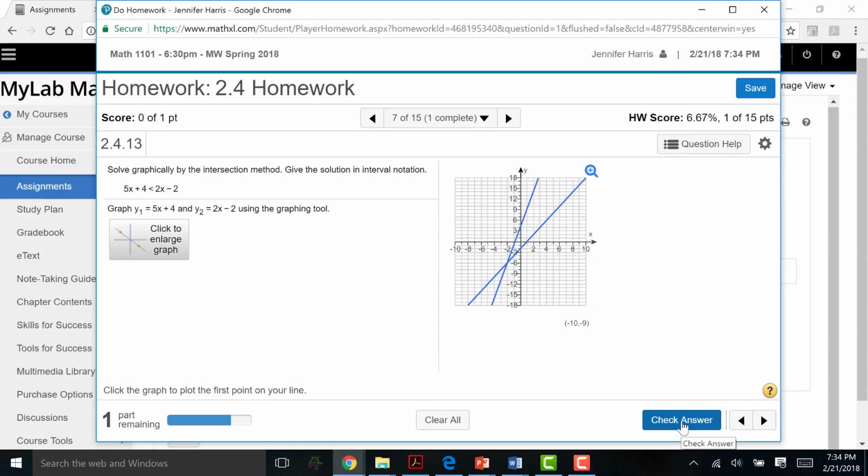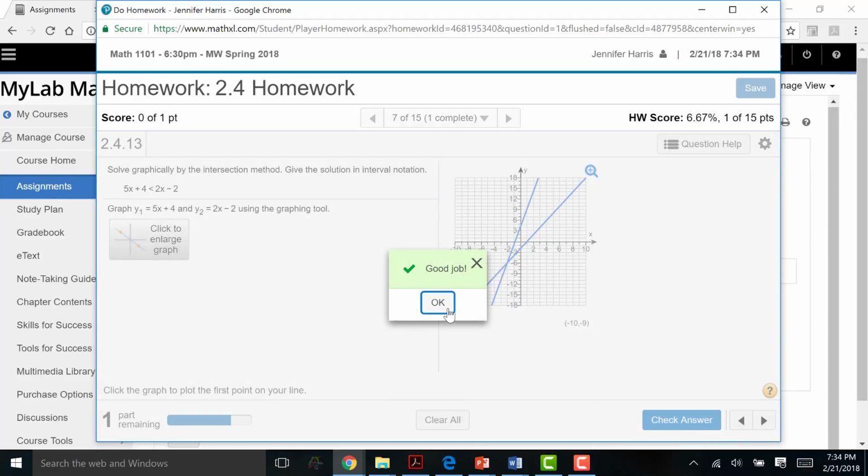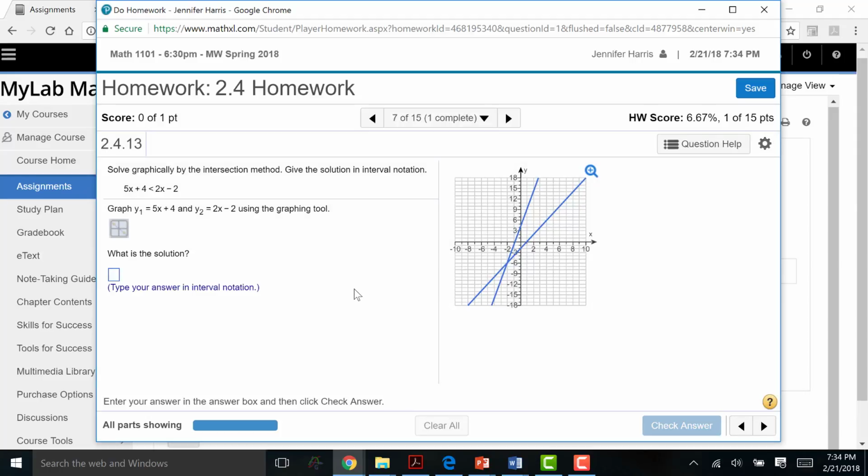Okay, so now we just did the work and found the solution. Now it wants me to write my answer in interval notation. What notation do I have right here? That's inequality. It doesn't want this one. So now, in order to see it, I'm going to graph it. So here's -2.